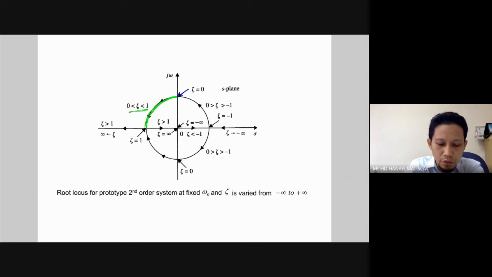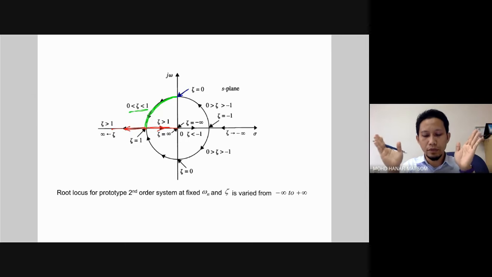And then when it reaches the real axis, it will split, one to the right and one to the left. So we'll have two poles at different positions, one to the right, one to the left, where at this position, this is what we call zeta greater than 1, and the response is overdamped.